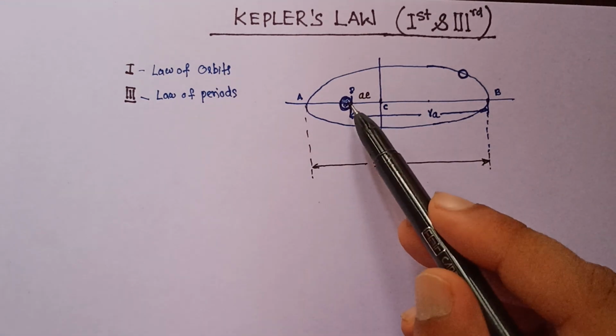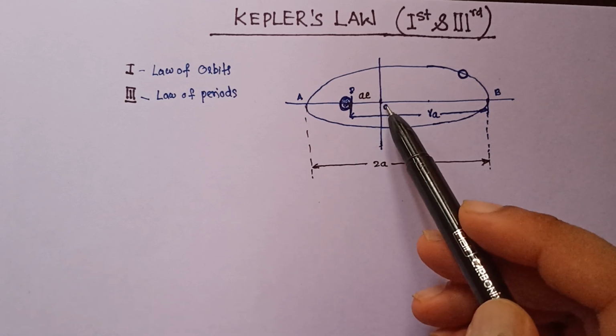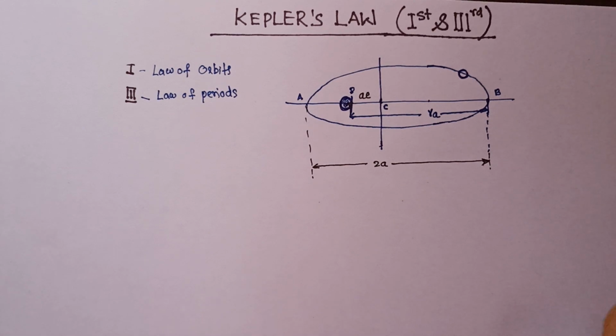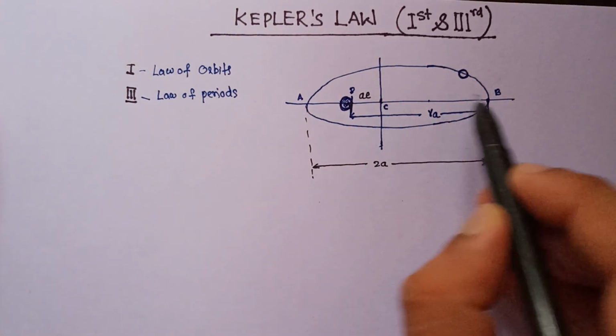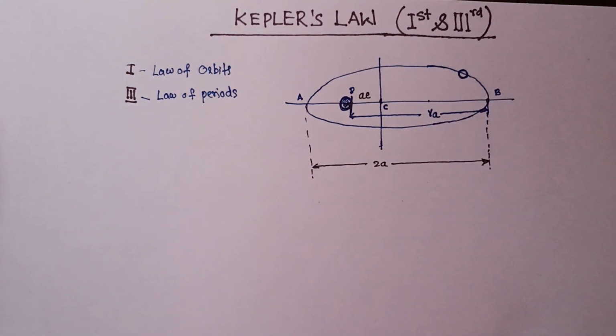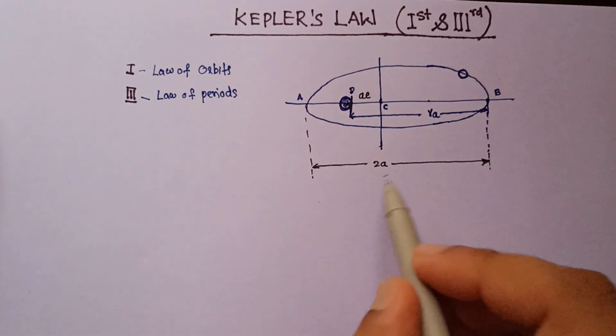But here I'll just tell you, this is the center point. From the focus point we have A. Now we need to remember one thing. We have the total distance, which is 2A.